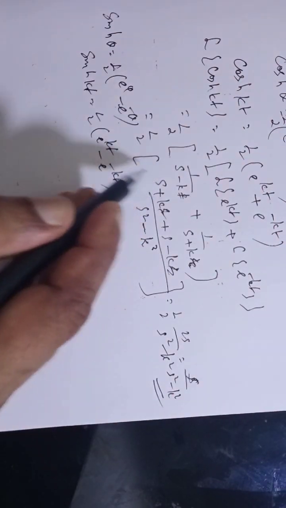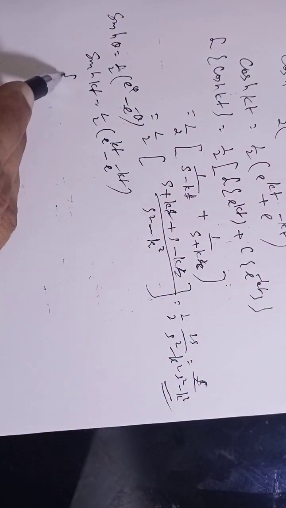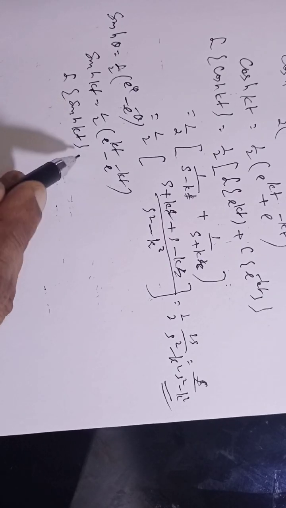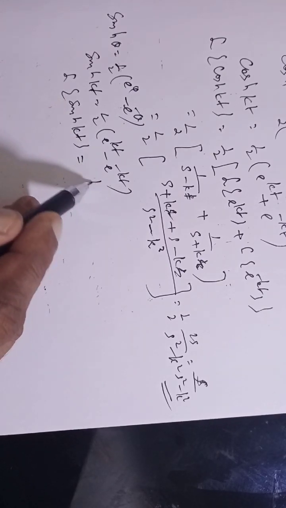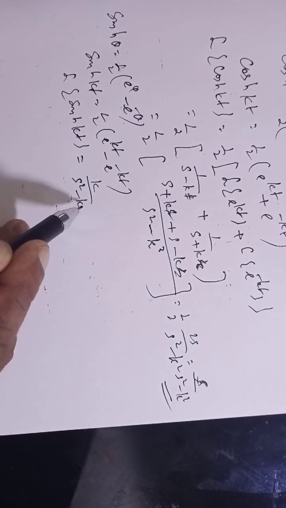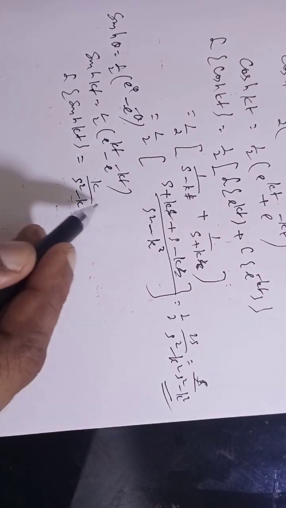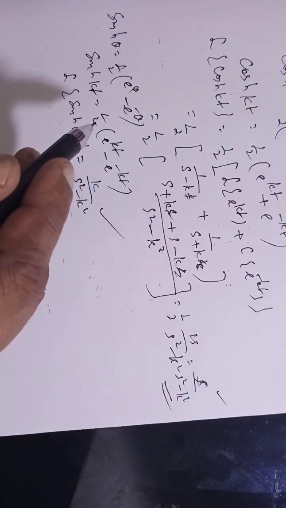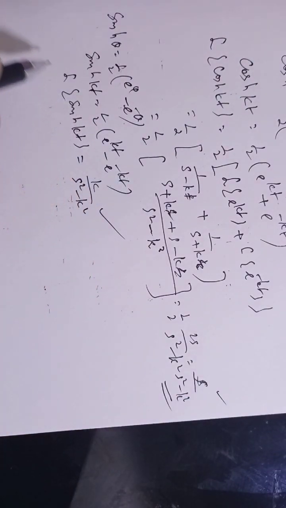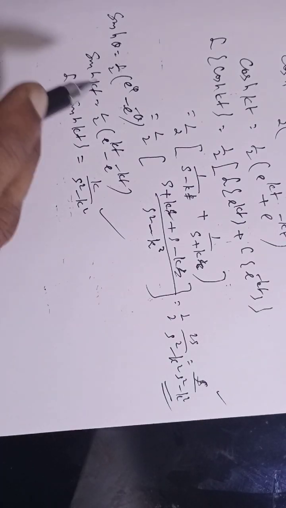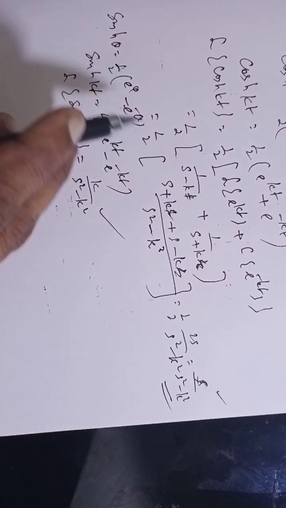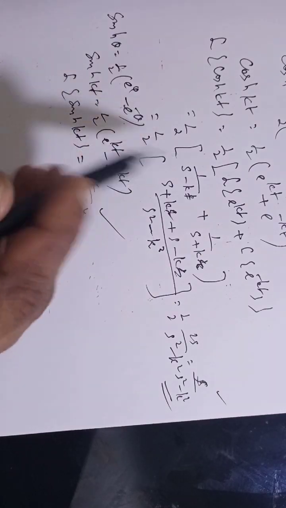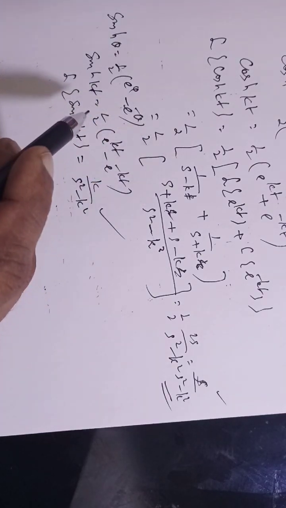As in the above case, taking the Laplace transform, L of sinh kt is equal to k by s square minus k square. To find the Laplace transform of sinh kt or cosh kt may be a 3 marks question. This is the method to find the values.